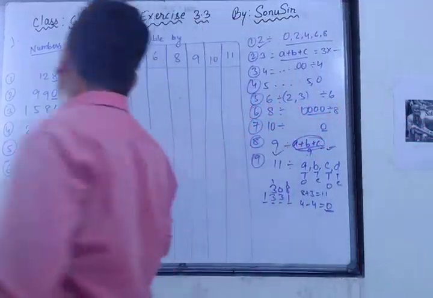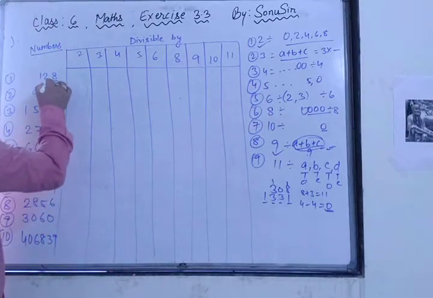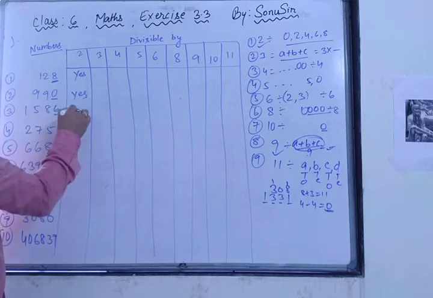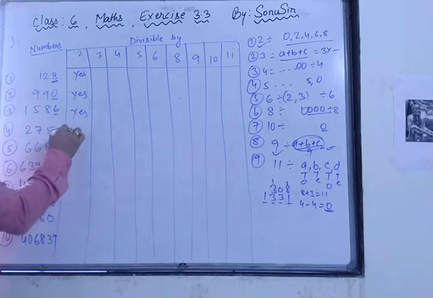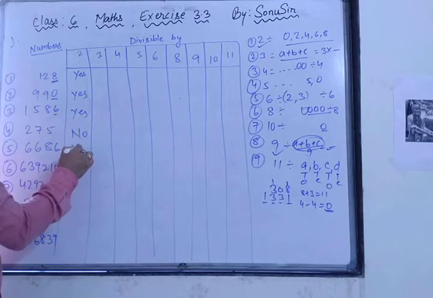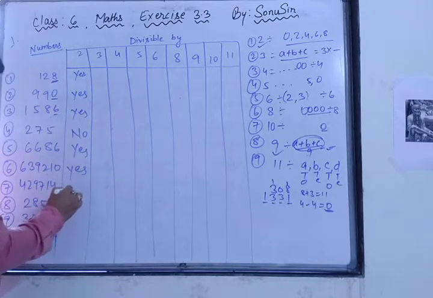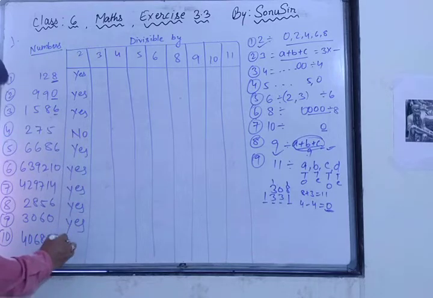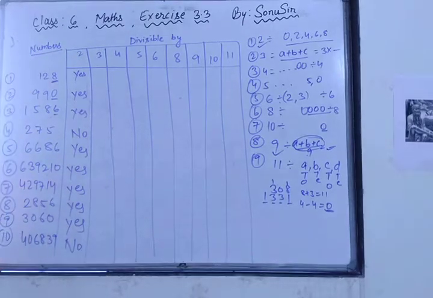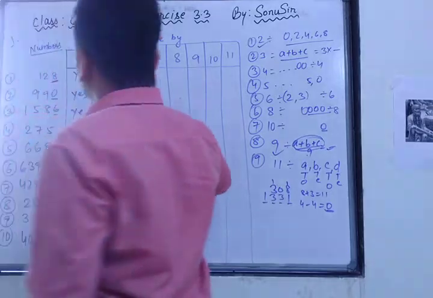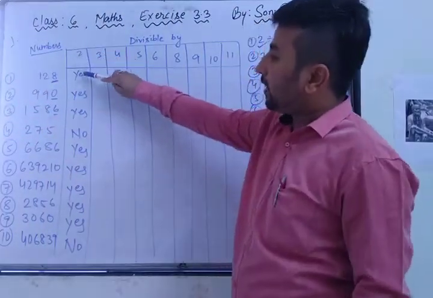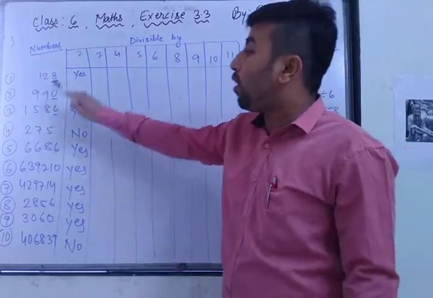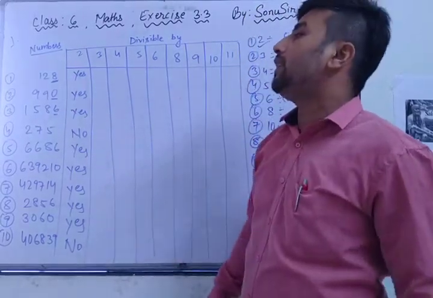So first let us clear the divisibility by 2. Here there is 8. 8 is an even number, so yes. 5 is an odd number, so no. 6 is even, yes. 0, yes. 4, yes. 6, yes. 0, yes. 9, no. So in the first row, divisible by 2, all the numbers with an even digit on the ones place are divisible by 2.